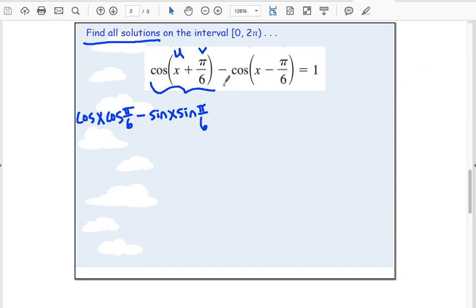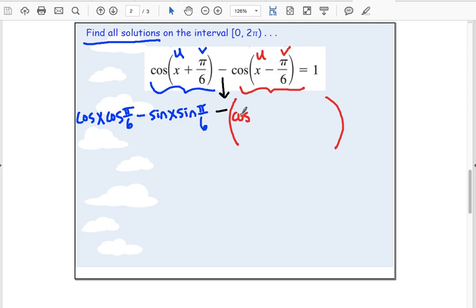Now, here's where you need to be careful. We're going to be subtracting an entire quantity. So this statement here, I should put in parentheses. And this is going to be a cosine u minus v statement.